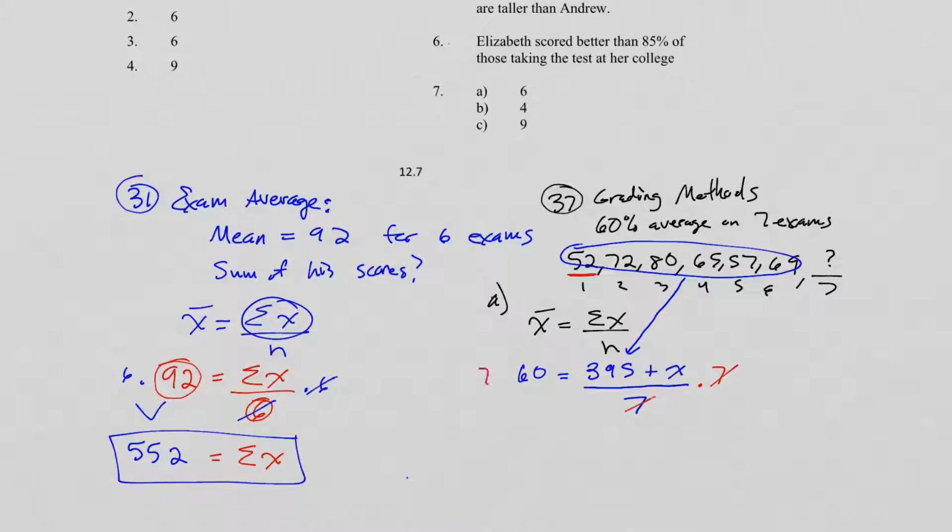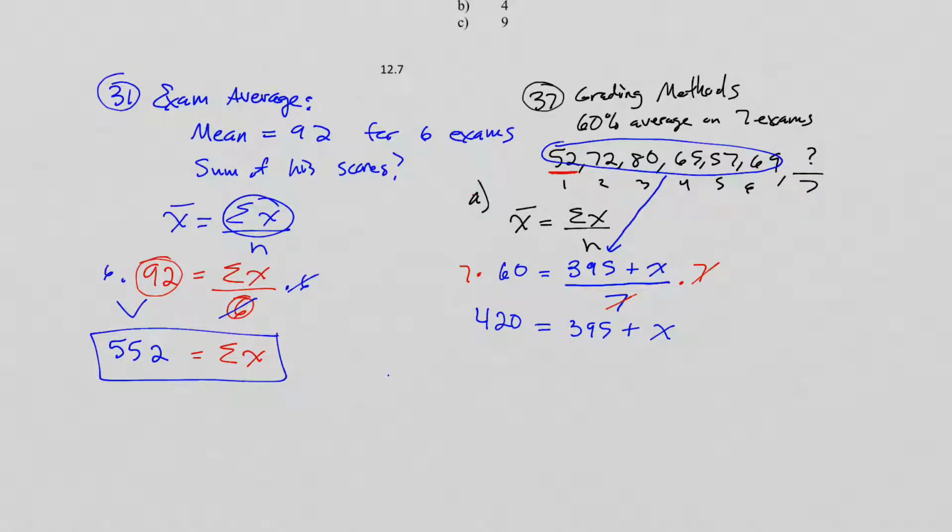Okay, that'll cancel out the 7 over there. So basically, that's going to give us she needs 420 points to get a 60, a D, or actually D minus.